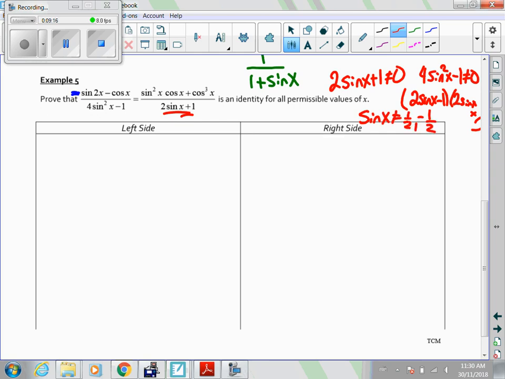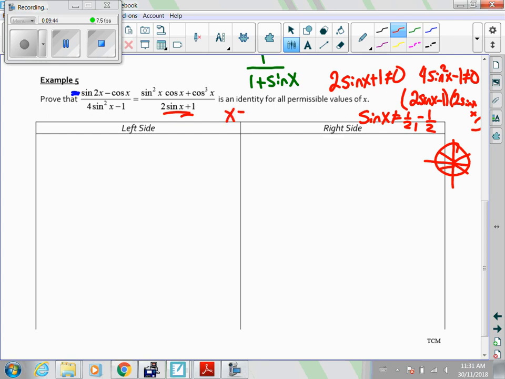Now, again, that's not a non-permissible. I can't say what sine can't be. I have to say what x can't be. So x is not going to be equal to anywhere where sine x is a half and negative a half. On the old unit circle, that's literally all 4 corners of that reference angle, and that's my pi over 6.